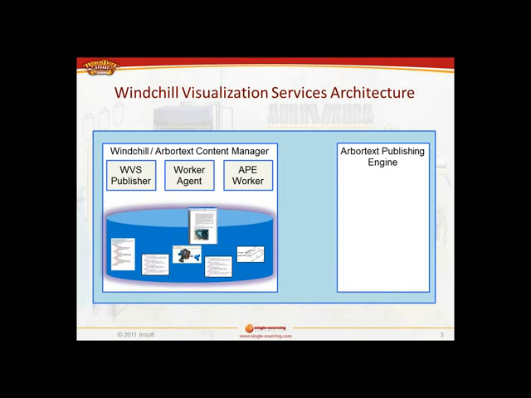Here it is. So basically what we have here is just an unzipped distributive of Tomcat, and to configure it to work with the Arbortext Publishing Engine, you have to get to the server.xml file. I will open it here.